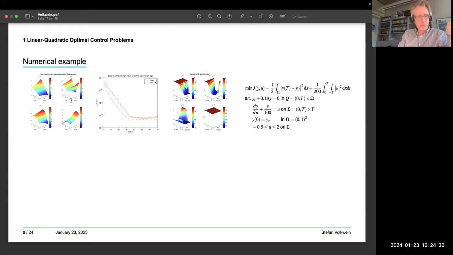So then there are 2 plots. We see here 2 plots, on the left and on the right. What's this? Okay, the right one is the optimal control at 4 different time slots. We have in this case the optimal control, and we use the optimal control to build the basis.